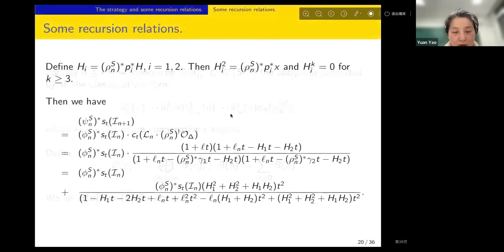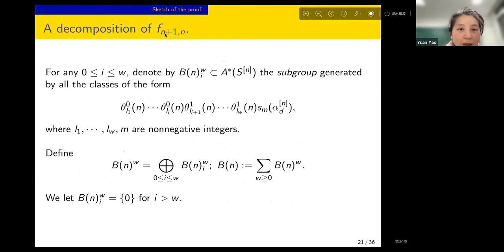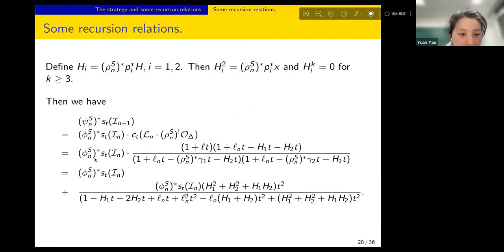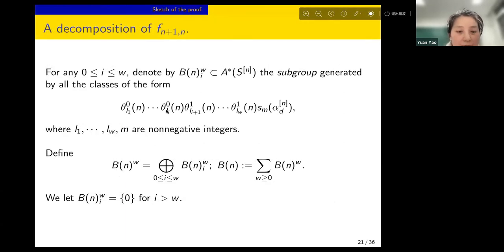Once we did this f n plus 1 n, we not only get the Chern class for this alpha n, we also get Chern classes for the other ones. As we have already defined, all these thetas, with some upper and lower numbers, are Chern classes of some factors of this ideal sheaf.